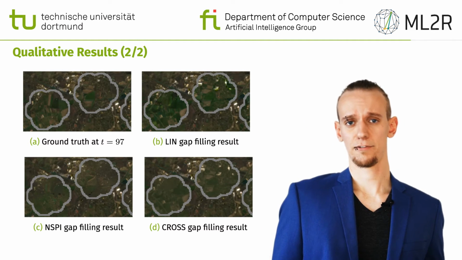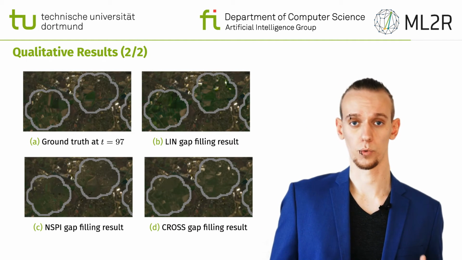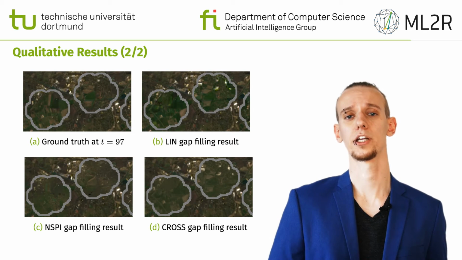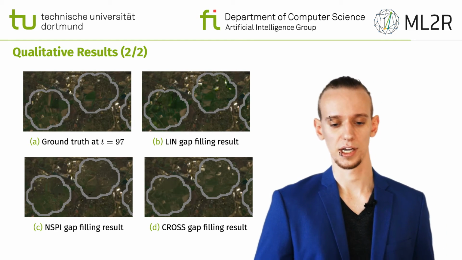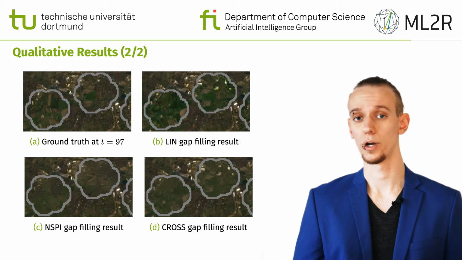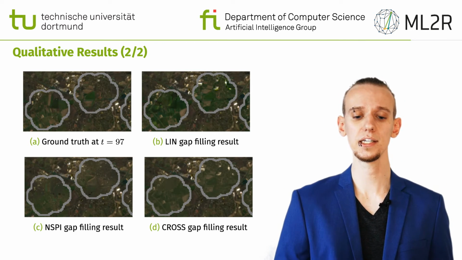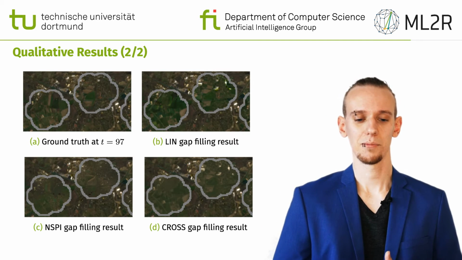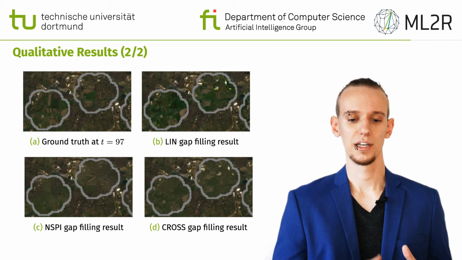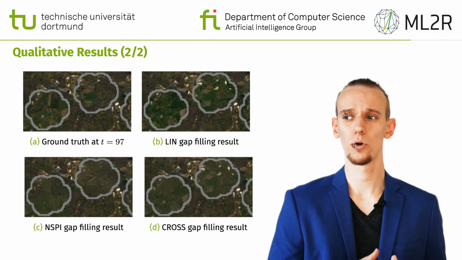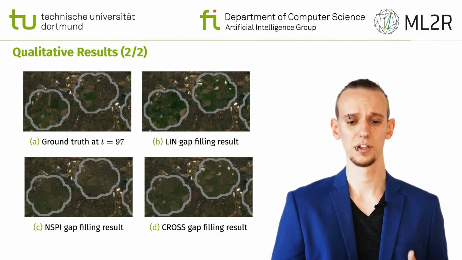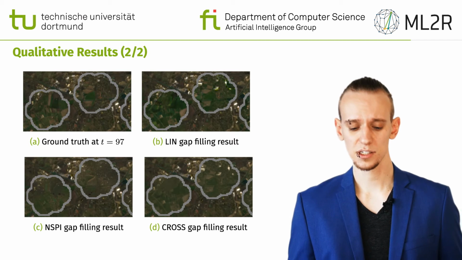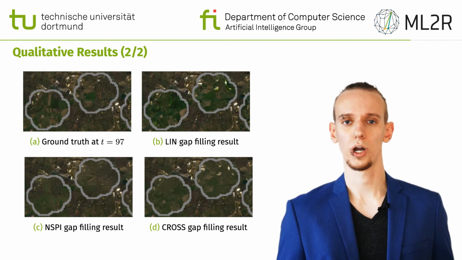On the upper left corner, you see the ground truth data at 1 day. And on the other pictures, you see different gap filling results. Our result is on the lower right border. And what you can see is that we are actually, we think, pretty much on point. So the lin gap filling result does look a little bit more structural and with more contrast, but the colors are kind of too bright and too crazy.